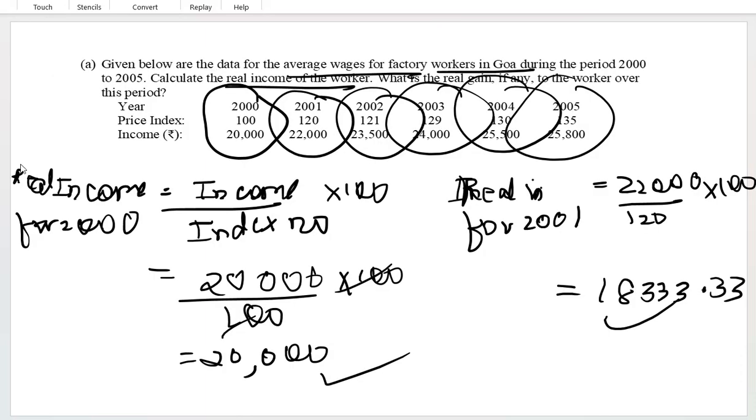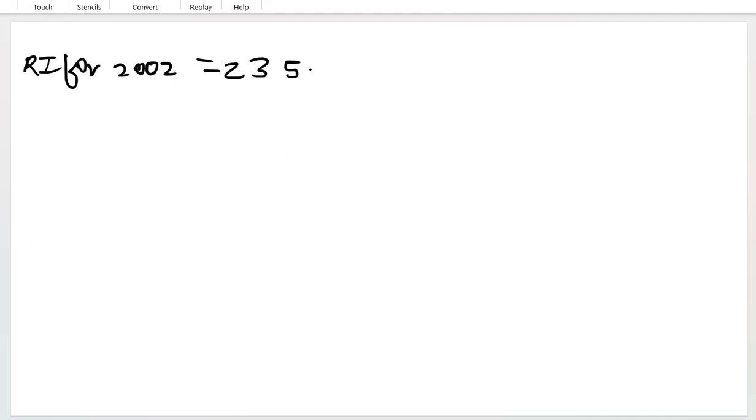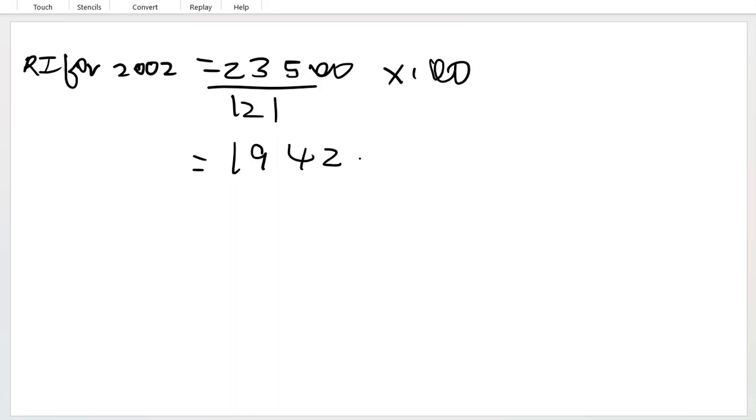Similar calculations have to be done for real income for 2002, in which we take the income as 23,500. The index number is nothing but 121. So 23,500 divided by 121, into 100 of course, will fetch us 19,421.48.